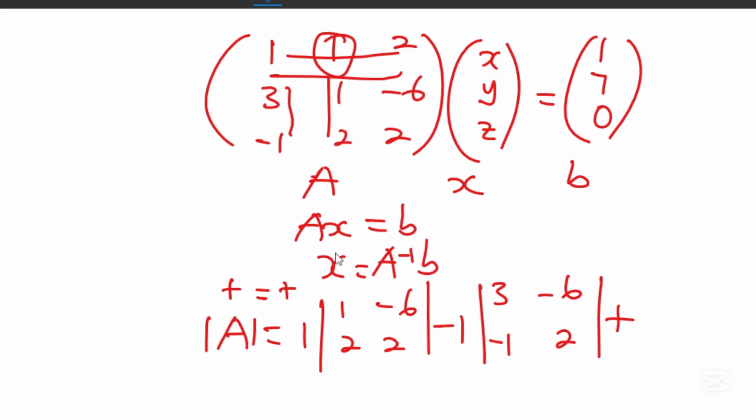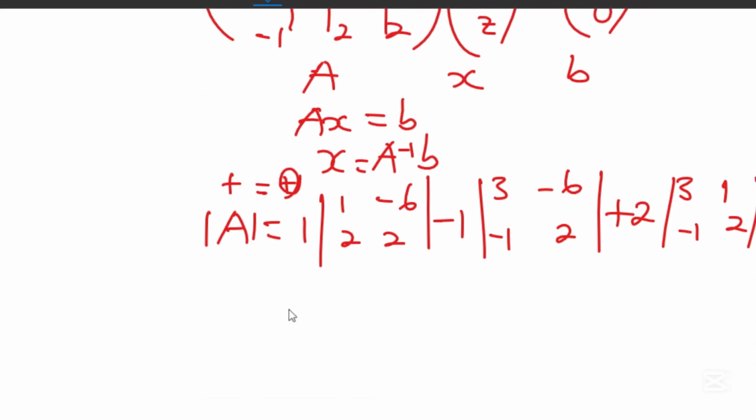Then the next one is plus, so we have plus 2. Then we delete all these, so we are left with 3, 1, negative 1, 2. So 3, 1, negative 1, 2. That is great.